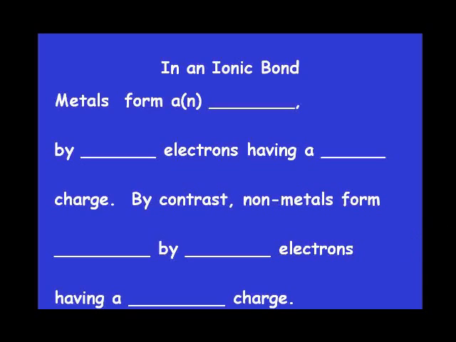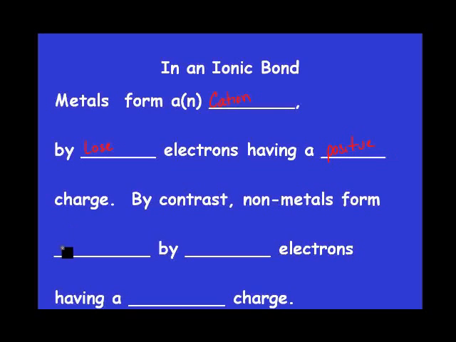Now, in an ionic bond, if we recall from last chapter, metals form a cation, and we form cations by losing electrons, thereby resulting in a positive charge.